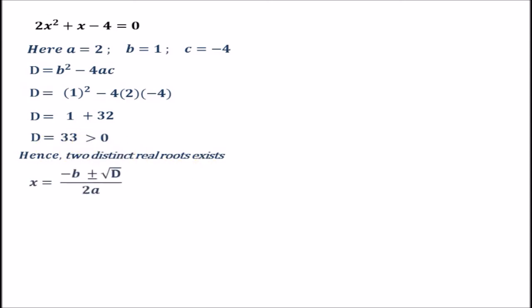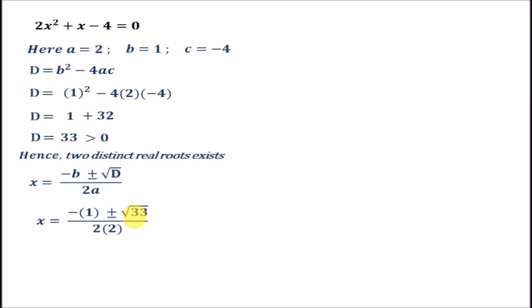Now using the quadratic formula, x equals minus b plus minus under root D by 2a. Now putting the values, x equals minus 1 plus minus under root 33 by 2 into 2. Here the quantity inside the square root is 33, which can be factorized only as 3 into 11.